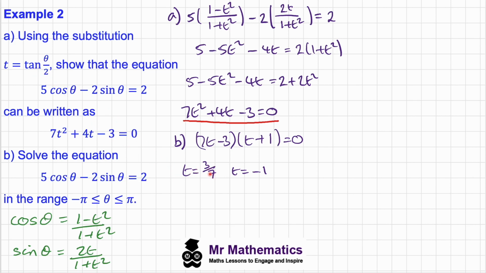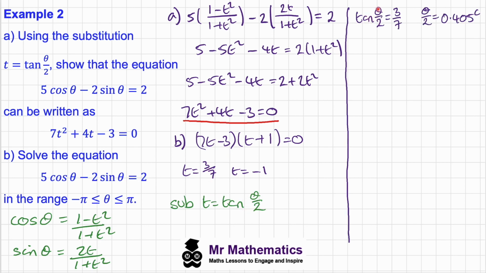So these become our solutions to theta over 2. If tan of theta over 2 is 3/7, we can take the arctan of both sides. So theta over 2 will be 0.405 radians. Also, if tan of theta over 2 is negative 1, we'll take the arctan of both sides. So we get theta over 2 is negative pi over 4.